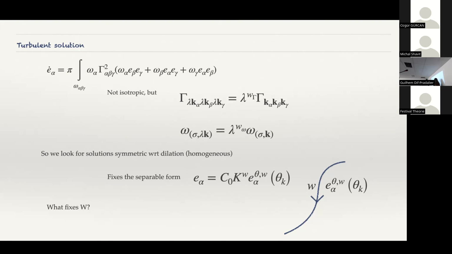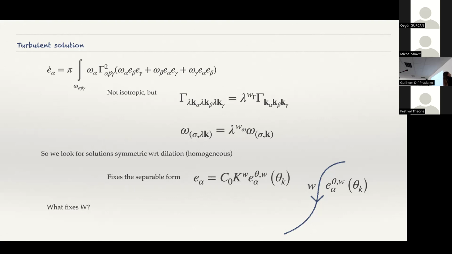So we're going to look for this separable solution, and if we find one, it will tell us something fundamental about anisotropic systems, and it may also be universal for other systems. It tells us that in an anisotropic system, the anisotropic energy transfer is actually determined on the sphere of radius 1.